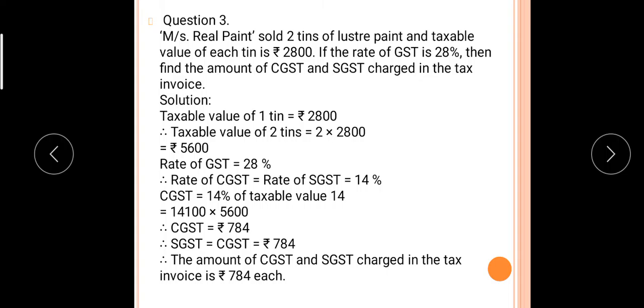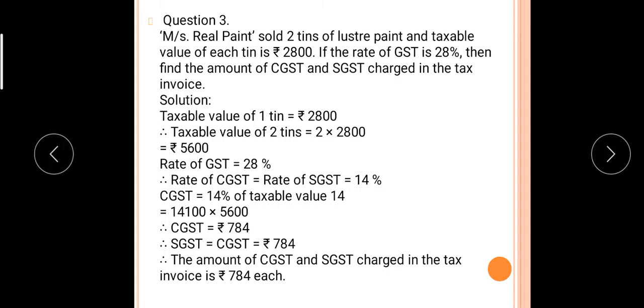Now MS Real Paint sold 2 tins of a luster paint and taxable value is given. Listen, taxable value given, that is 2800. Means for 1 tin that is the value. If the rate of GST is 28%, then find the amount of CGST and SGST charged in the tax invoice.